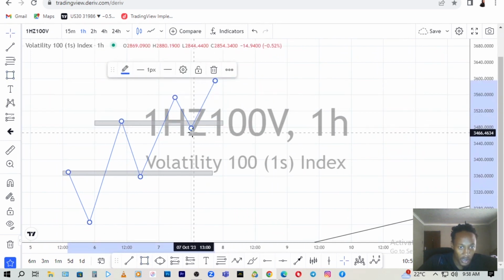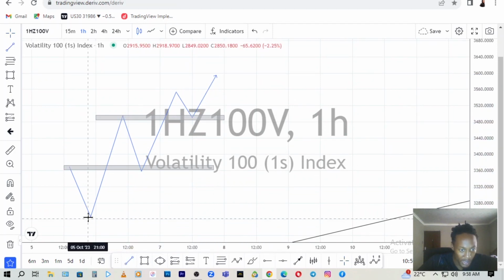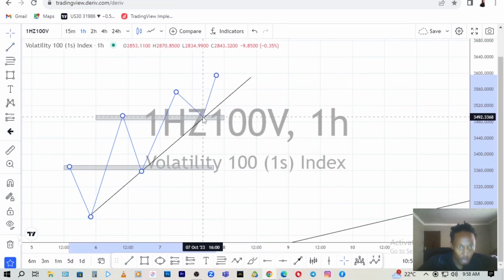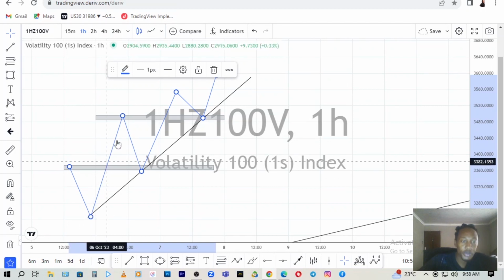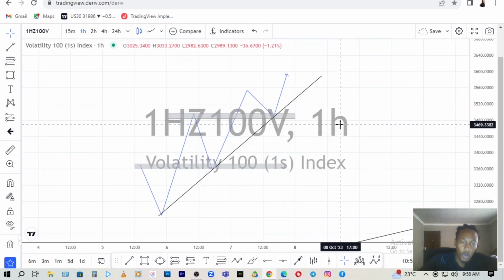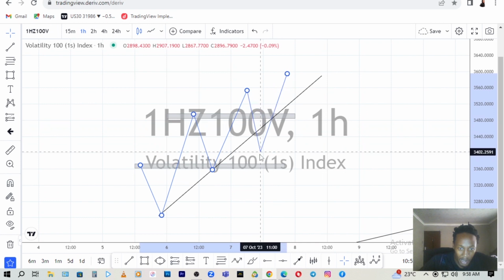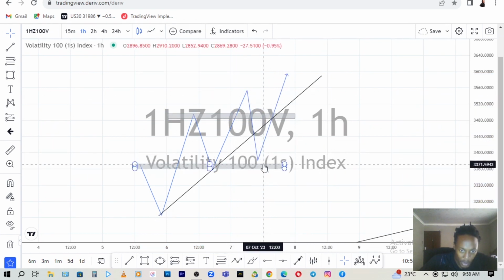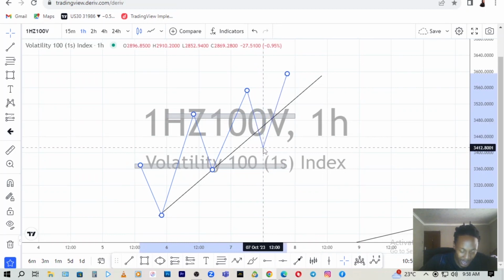Then let's say we had a trend line. So this would be your higher low, higher high, higher low, higher high. Then you'd experience the market doing something like this, coming to this level, not respecting this flip zone and this trend line. So what is it doing at the moment?